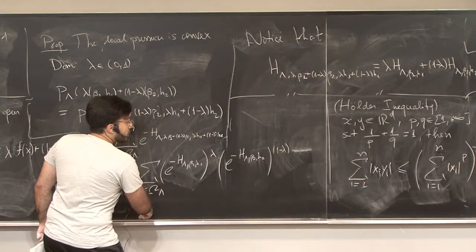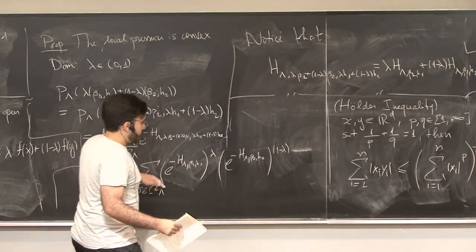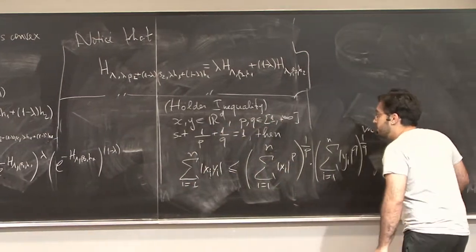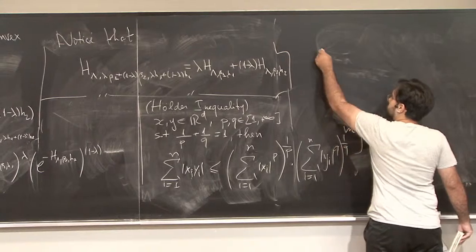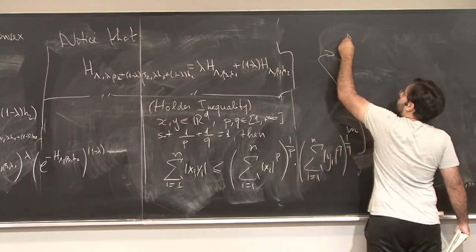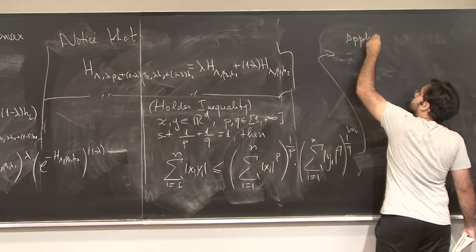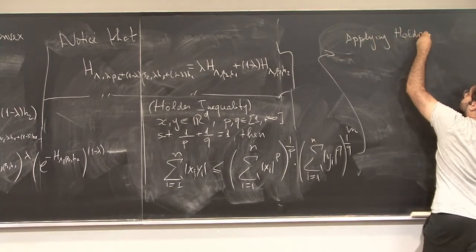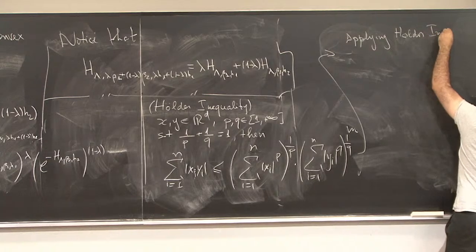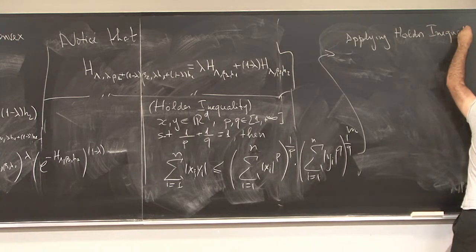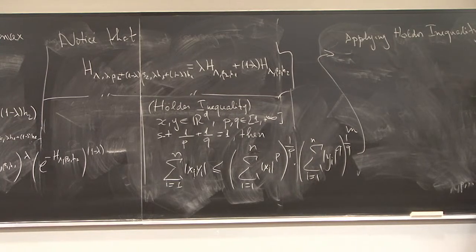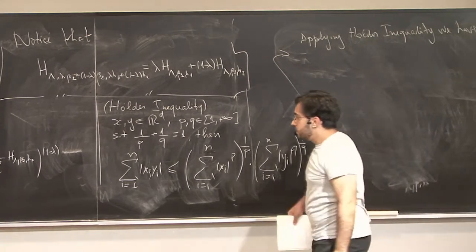The n, the dimension of the space, is the dimension of the configuration space. And then by applying Holder, we have the following.